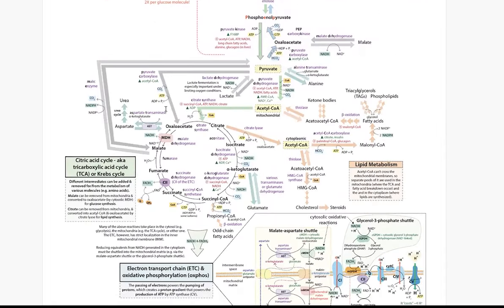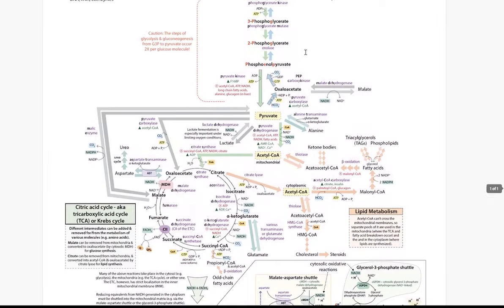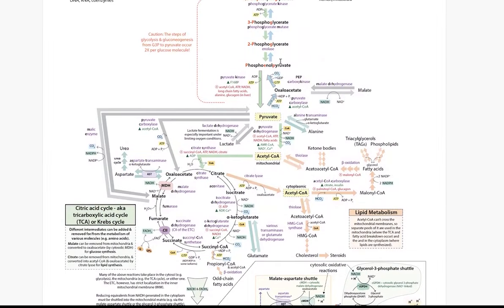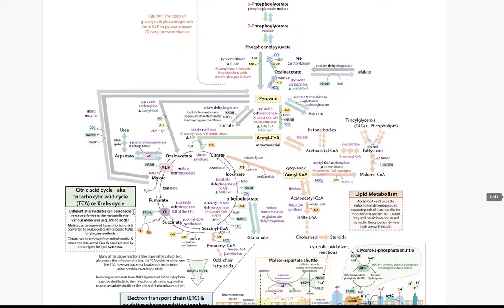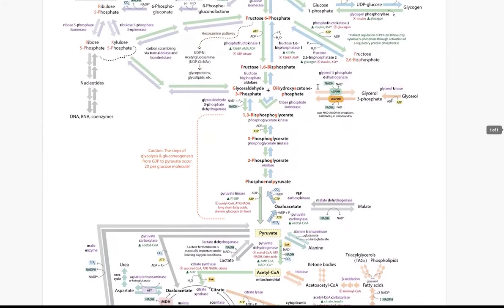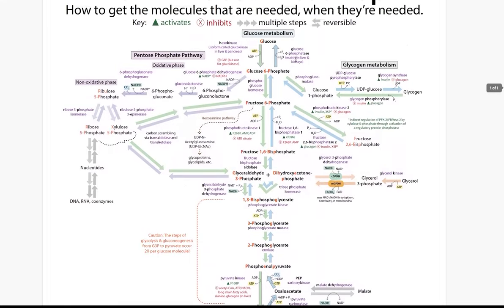We can't take oxaloacetate out, but we can take malate out. And malate can be easily converted back to oxaloacetate. So we can take malate out of the mitochondria and put it into the cytoplasm and then convert it back to oxaloacetate and then use that for gluconeogenesis.